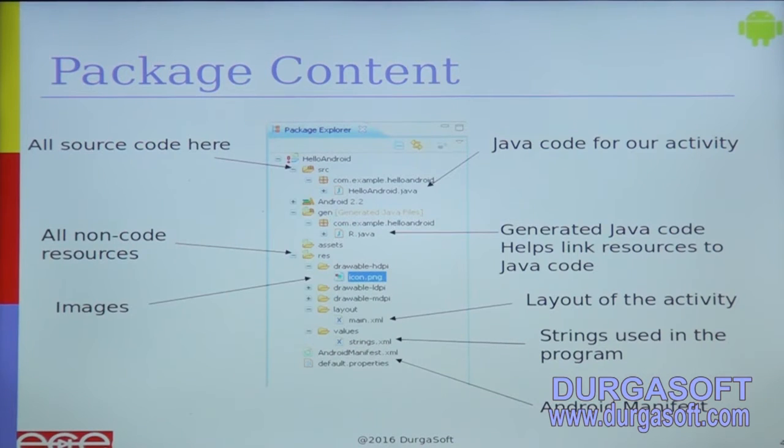So drawable-hdpi, drawable-ldpi or drawable-mdpi are the folders where you keep different kinds of images. HDPI is high density pixels, LDPI is low density pixels, and MDPI is medium density pixels. Each of these images could be 24 pixels, or 48 by 48 pixels, or 72 by 72 depending on the requirement.